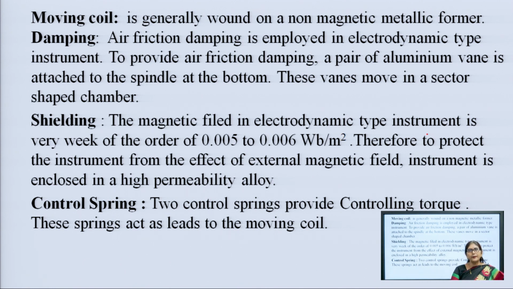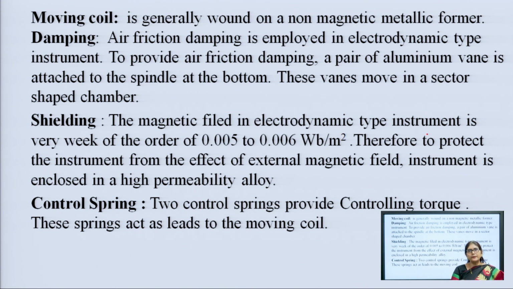Here air friction damping is done. In air friction damping, a pair of aluminum vanes is attached to the spindle along with the pointer, and the vane moves in a sector shaped chamber. That provides the stop of the pointer at a position.